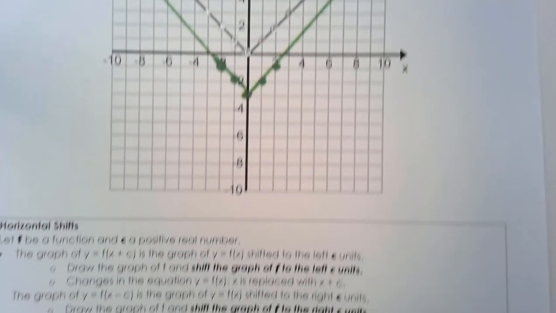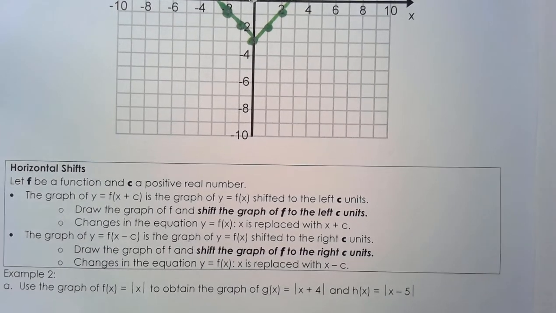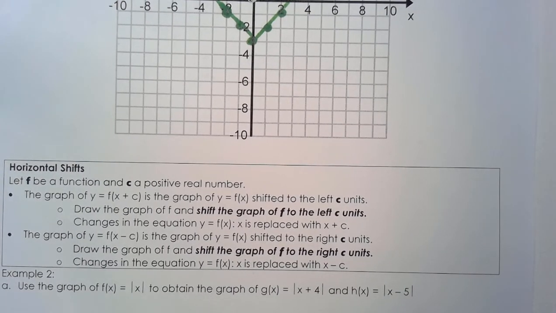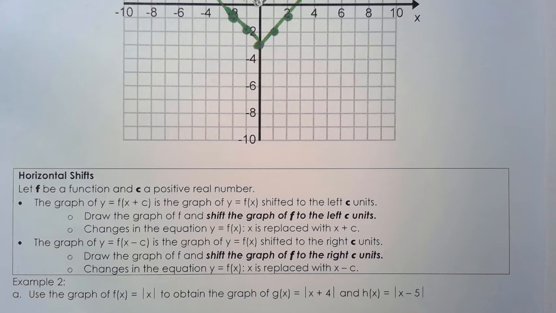Now, let's move to horizontal shift. Okay, it says here, we're going to use the same graph. The f of x is equal to the absolute value of x, to obtain the graph of g of x is equal to the absolute value of x plus 4, and h of x is equal to the absolute value of x minus 5.